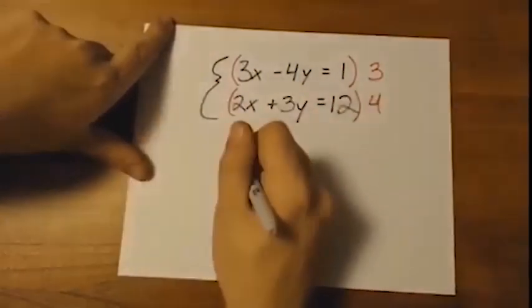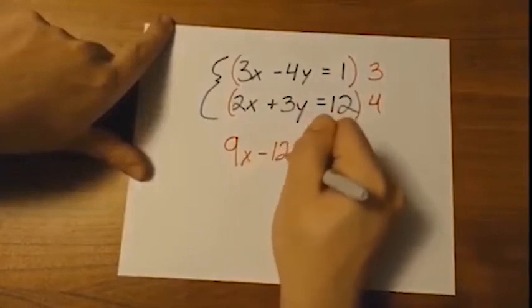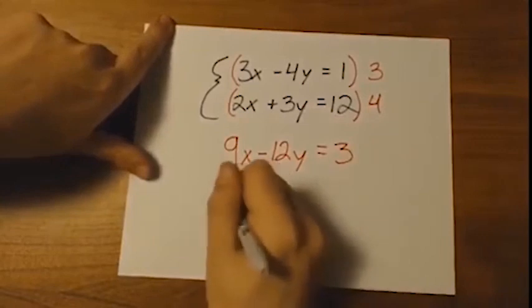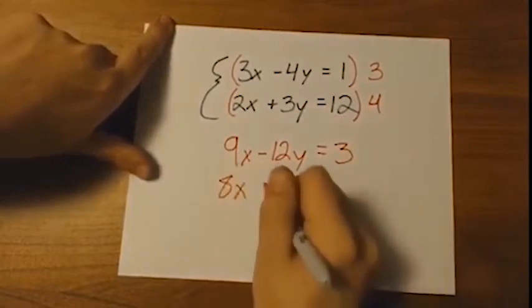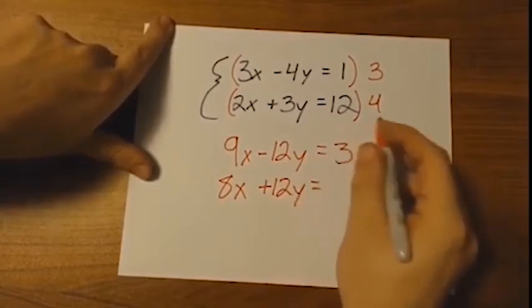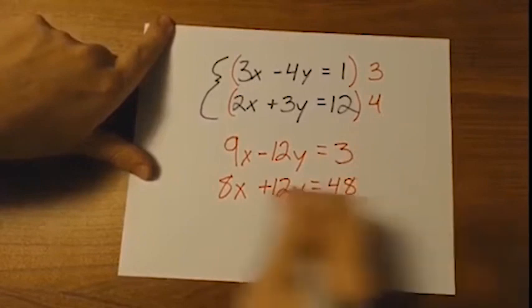When we multiply through, our new two equations are 9x minus 12y equals 3, and 8x plus 12y equals 12 times 4 is 48.